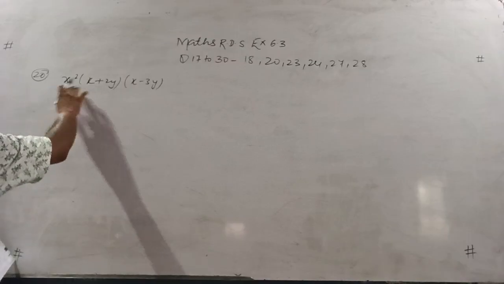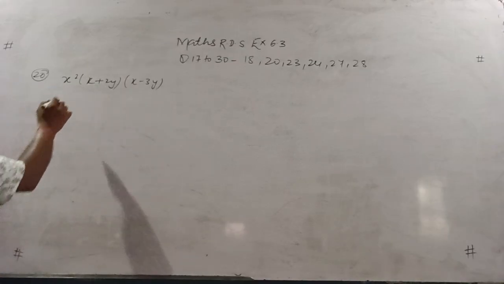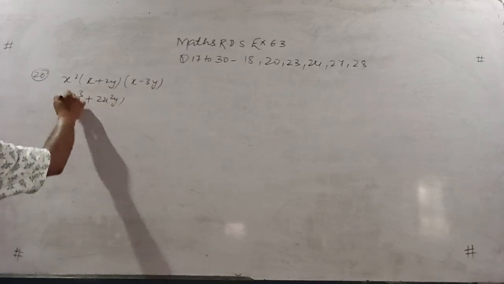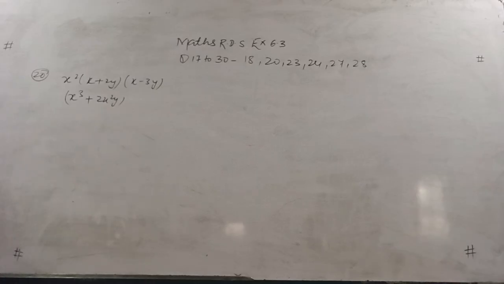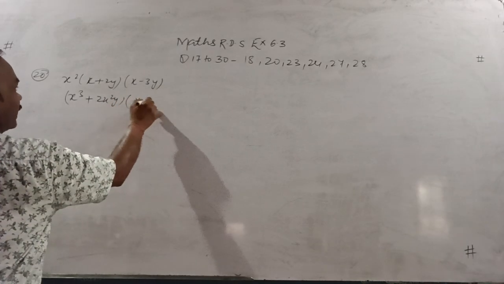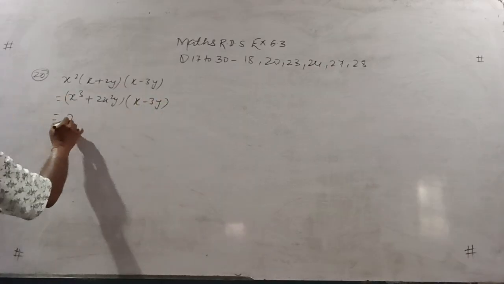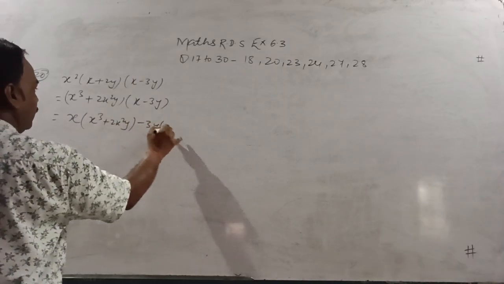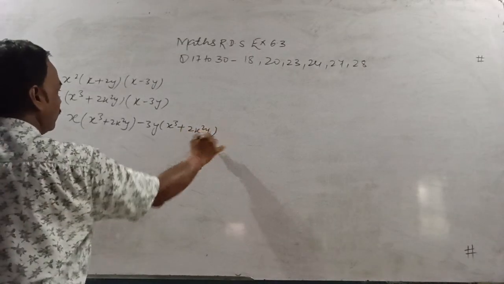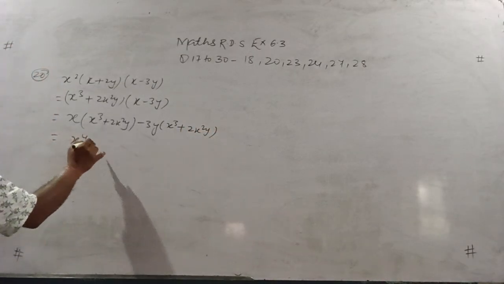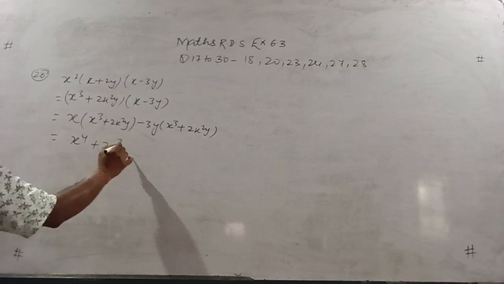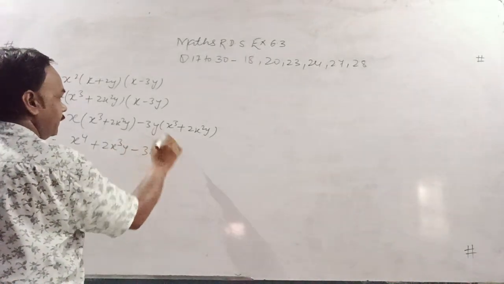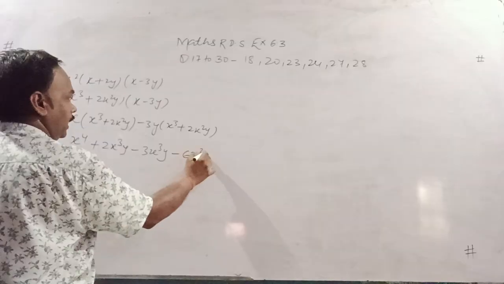First of all, we will multiply: this is x cube plus 2x square y. x cube plus 2x square y into x minus 3y is equal to x into x cube plus 2x square y, minus 3y into x cube plus 2x square y, x to the power 4 plus 2x cube y, clear, minus 3x cube y minus 6x square y square.